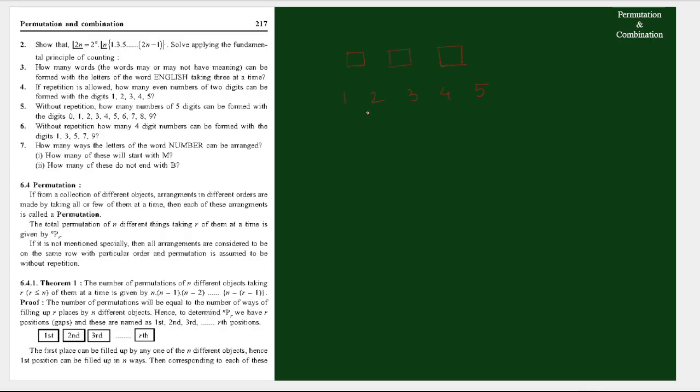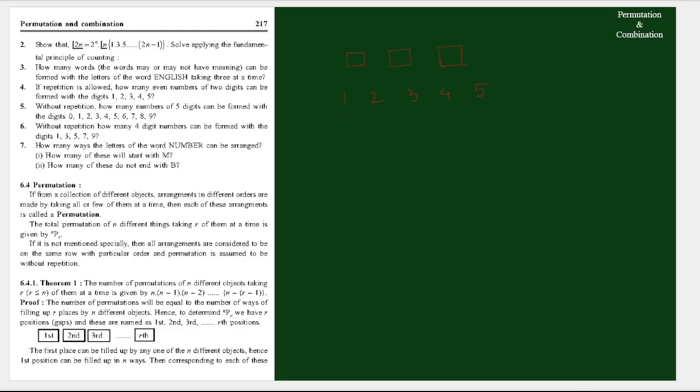Out of these 5 digits, you are able to create a 3-digit pin number. So in how many ways can this pin be set? Or if you are a hacker, in how many ways will you be able to arrange these 5 digits to get the exact pin?